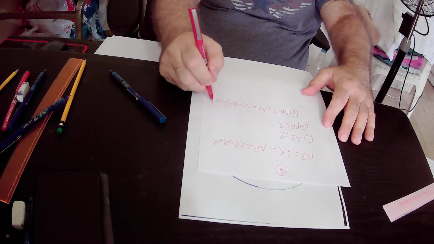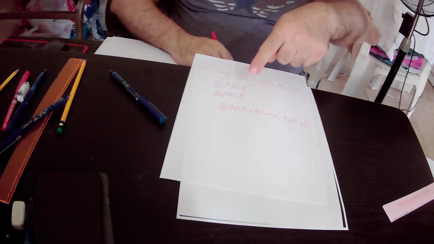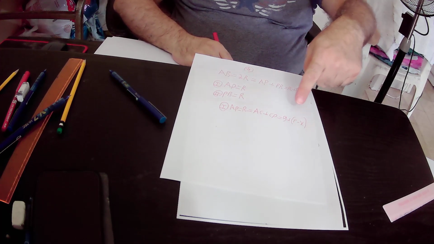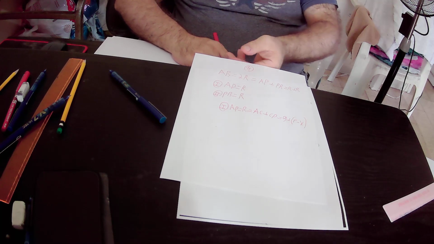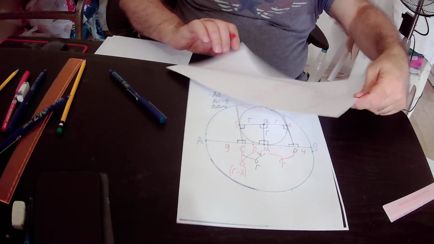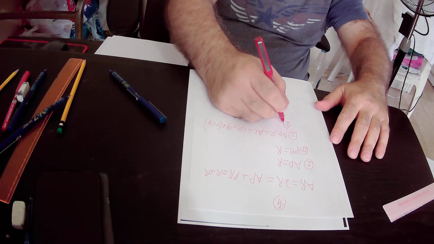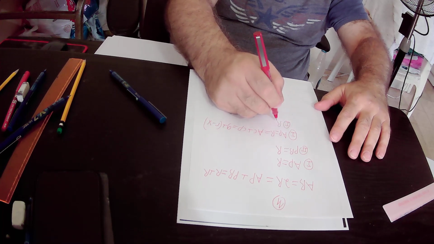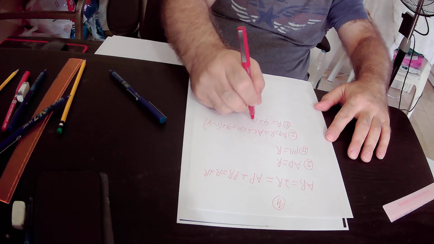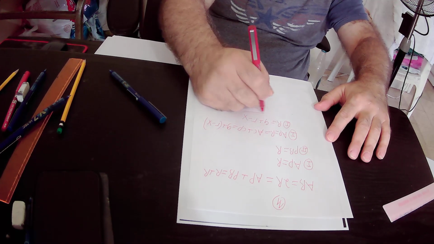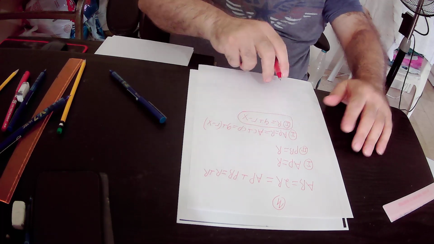So in total we got that AP, that equals R, equals 9 plus small r minus x. So we can write down that the radius of the big circle, capital R, equals 9 plus r minus x. That is our first equation.